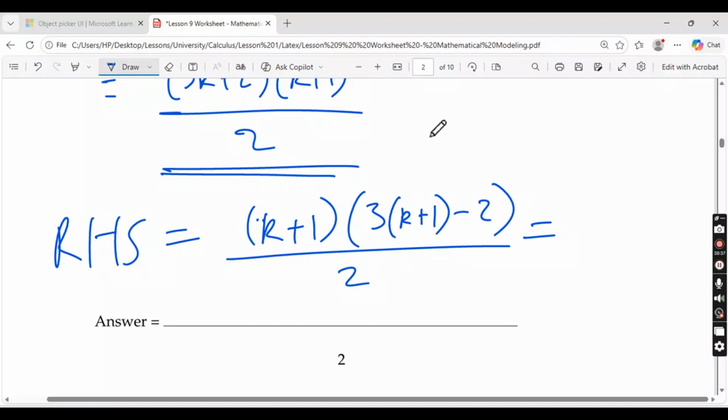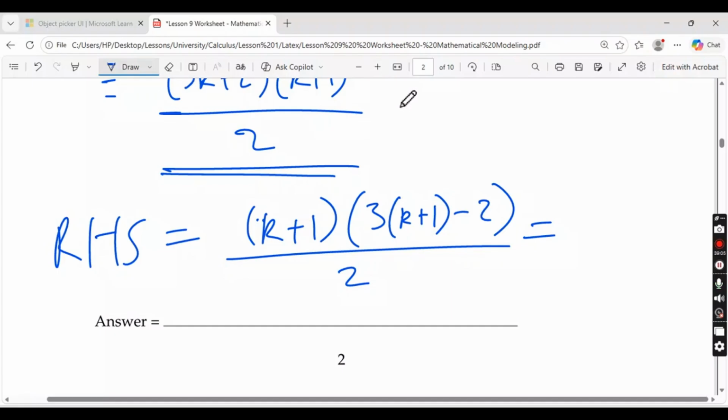3k squared plus k minus 2 all over 2. Okay, so there you kind of went a bit wrong. Or I would say you're not wrong, but you kind of did something that wasted time a bit.